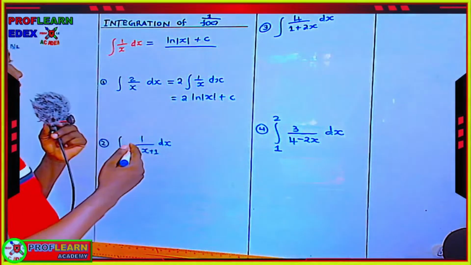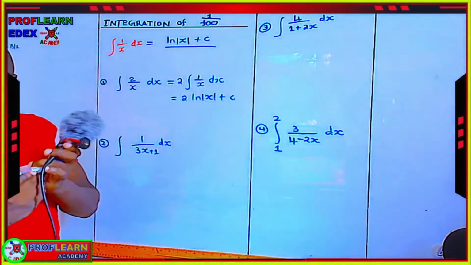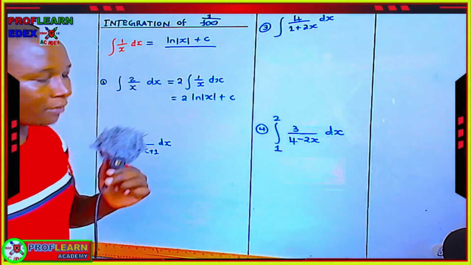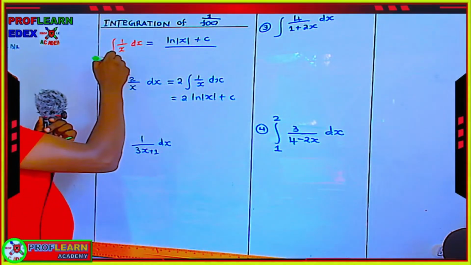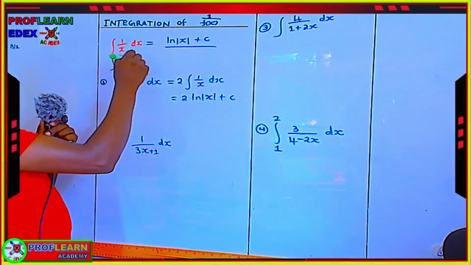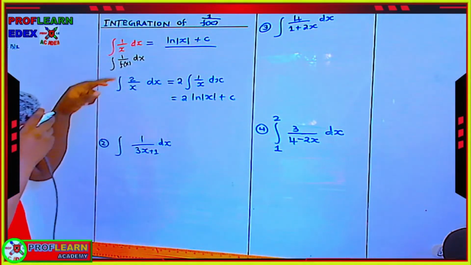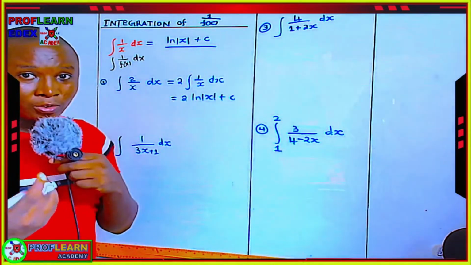Now, we want to have a general relation so that we can be using it in order to perform different expressions. A situation whereby you are having an integral of 1 over f of x with respect to x, meaning that f of x is a function of x.